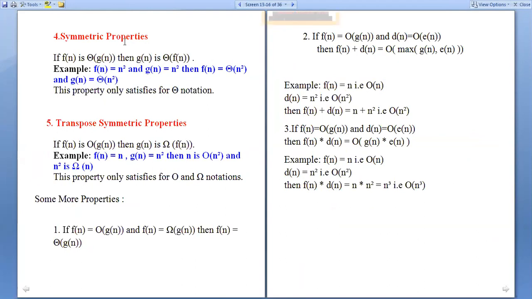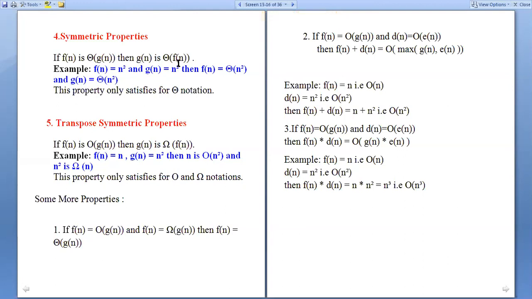If x is same as y, then y is also same as x. So in the same way, here f of n is theta of g of n and g of n is theta of f of n, then both are following the symmetric property. So f of n is equal to n square and g of n is equal to n square. Then f of n is equal to theta of n square and g of n is equal to theta of n square.